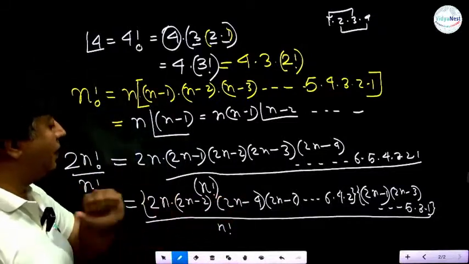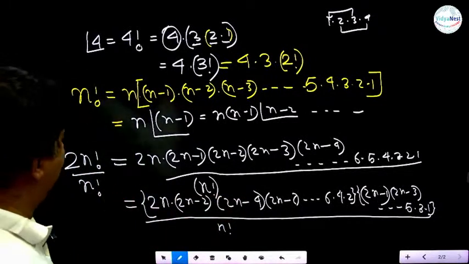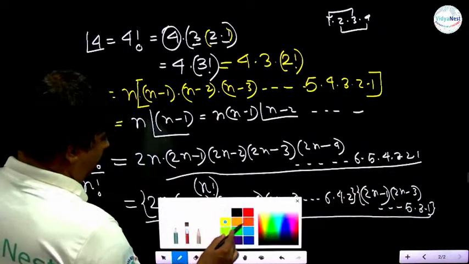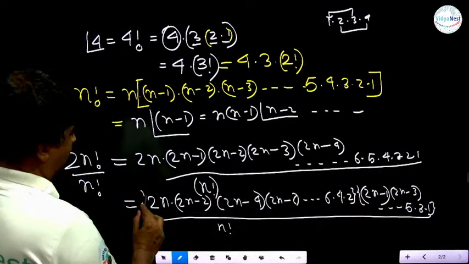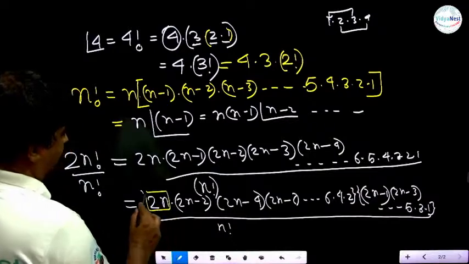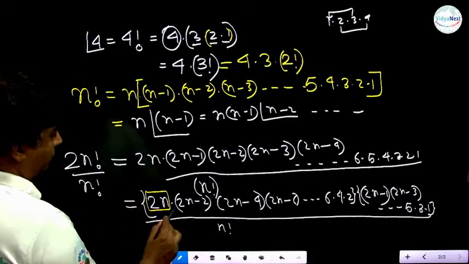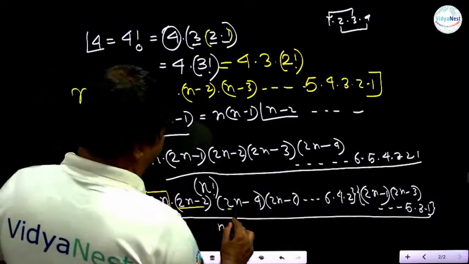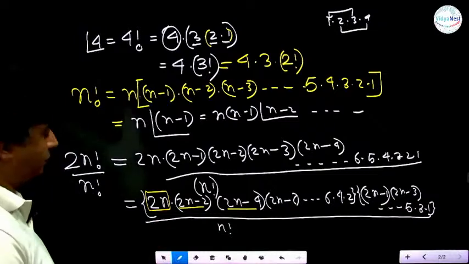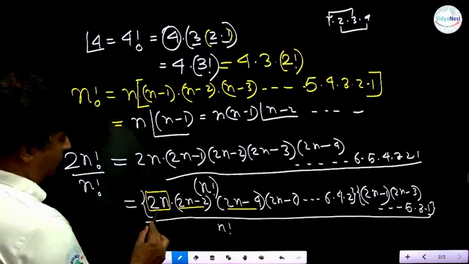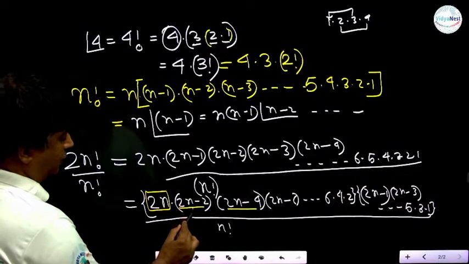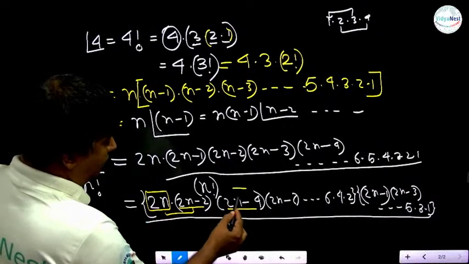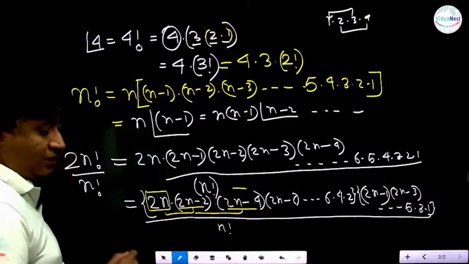But in each even term there is a common factor 2. Here we have got a 2, here I can extract 2, here I can extract 2. From these factors, 2 times 2 will give you 2 square. If I take another 2 from here, 2 cube, yes or no?